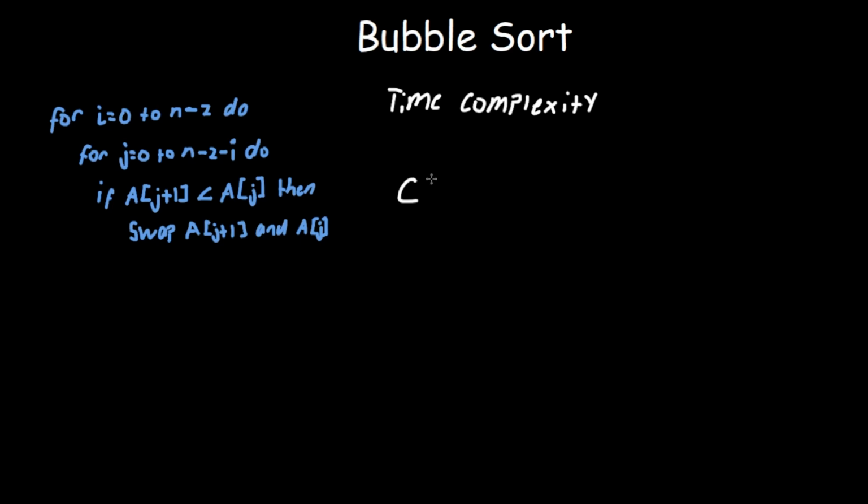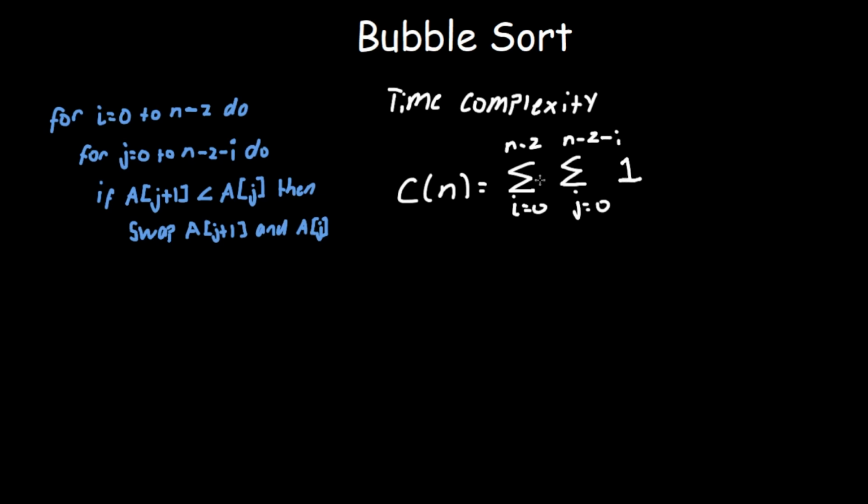The complexity, or C of n in this case, would be equal to the summation from i equals 0 to n minus 2, multiplied, because it's a for loop in a for loop, by the summation from j equals 0 to n minus 2 minus i. And we put a 1 over here.